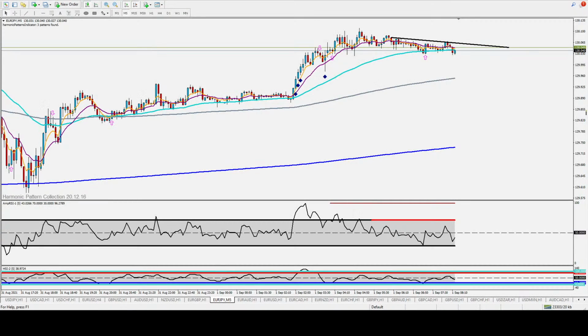I should be able to just load my MT4 screen. No, I think I have to actually fix it and do this. There we go.